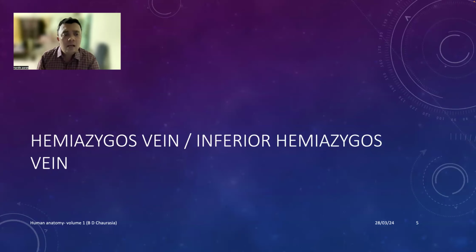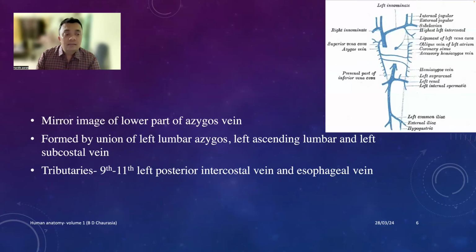The next is the hemiazygos vein, or inferior hemiazygos vein. Either way you can say hemiazygos vein or inferior hemiazygos vein. Here, this hemiazygos vein is a mirror image of the lower part of the azygos vein. See, this one is the azygos vein and this is the hemiazygos vein.